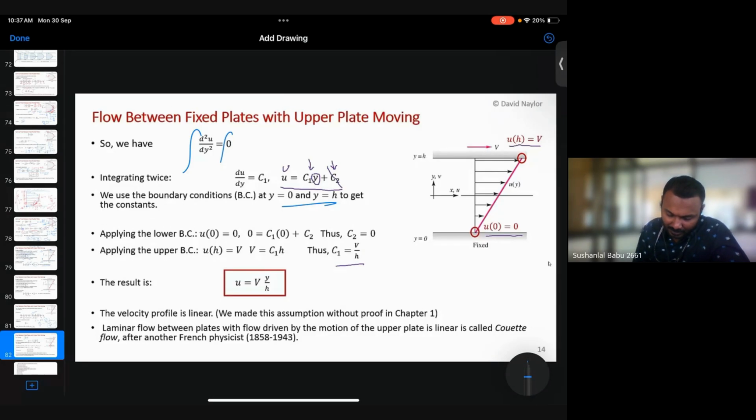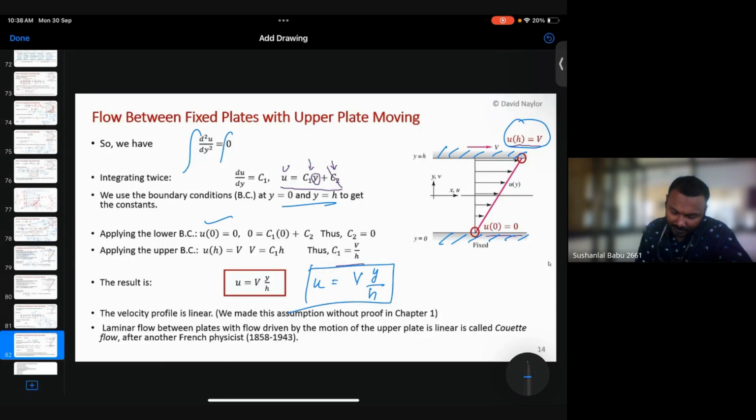At y is equal to 0, what is the velocity? u is equal to 0 because the plate is fixed. And at y is equal to h, u is equal to V. Then by applying both boundary conditions, you will get u is equal to capital V y by h. So this is the final expression of the velocity profile.